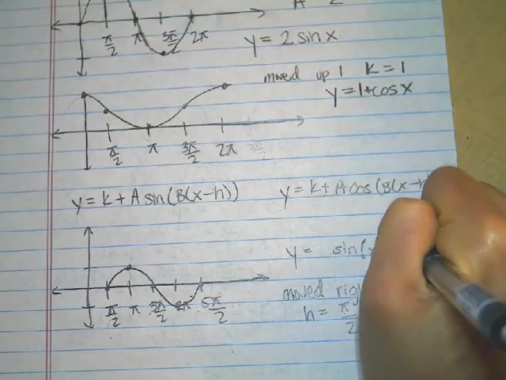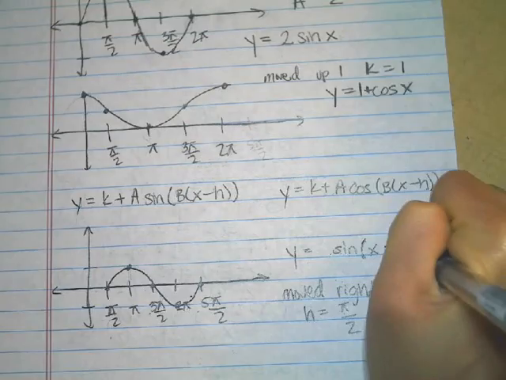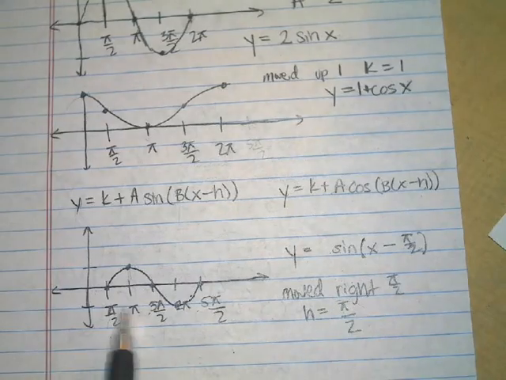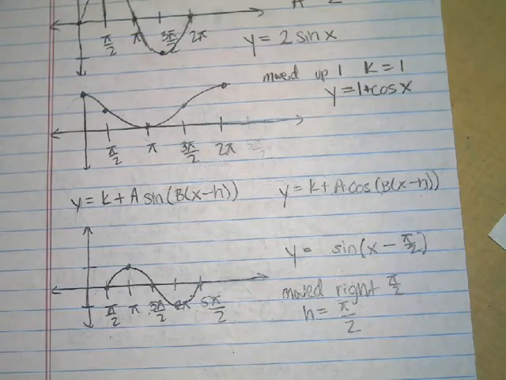Well, it starts at 0 and it goes to what? Pi. So 1 cycle is pi. Okay? So pi equals 2 pi over b. So now we're going to solve for b.